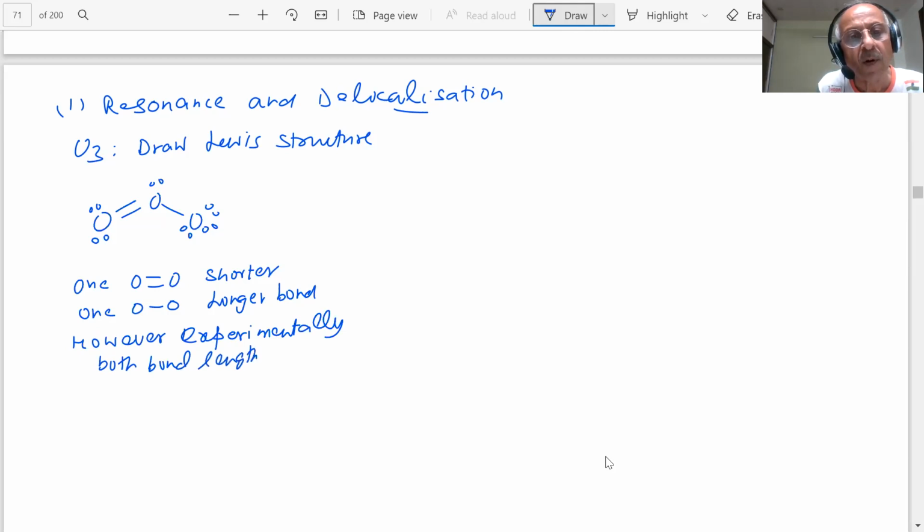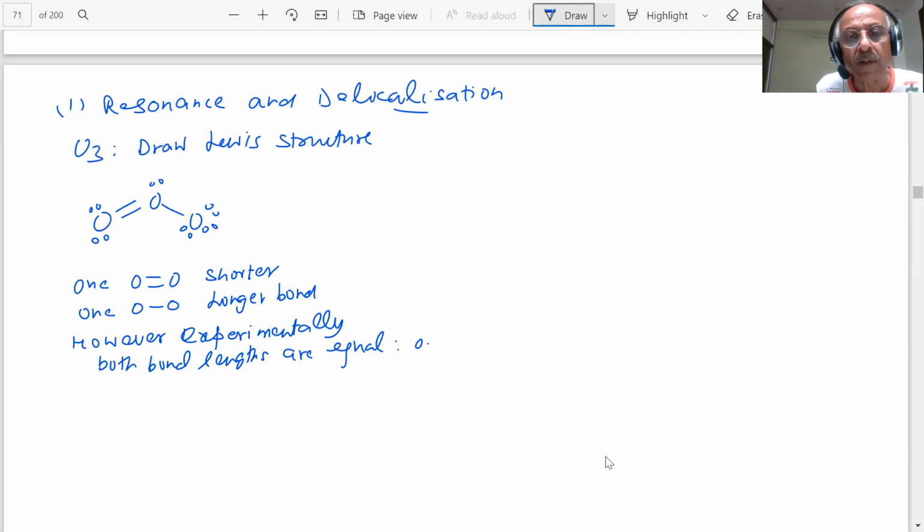The oxygen double bond length is 0.121 nanometer and the single is 0.148, but experimentally they found the bond lengths were equal.